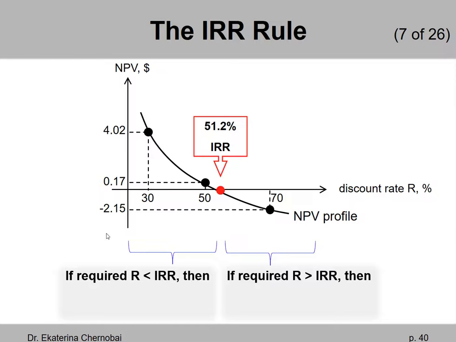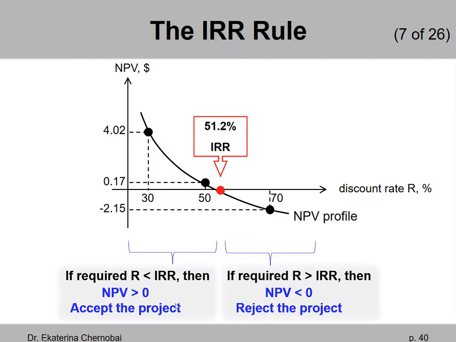A good one. And so in this case, when the required return is less than the IRR that we have calculated, then we say that the project should be accepted. Otherwise, if the required return, which is a number that's given, right, is more than the IRR that we have found, then the project should be rejected.